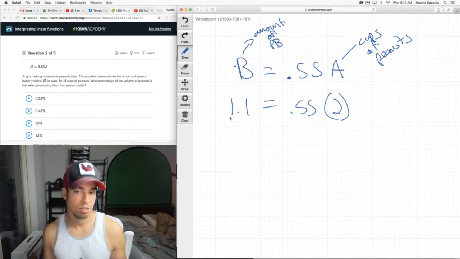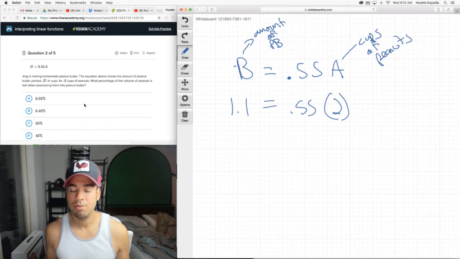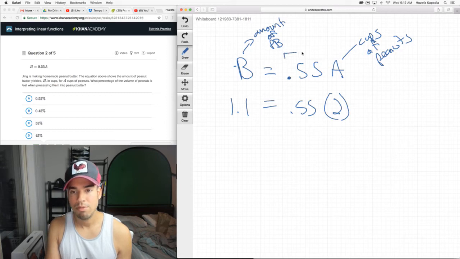For 10 cups, we're going to get 5.5 cups of peanut butter, and so forth. Now it's asking what percentage of the volume of peanuts is lost when processing them into peanut butter. One way we could do this, if you want a quick calculation, is to see that 0.55 is equivalent to 55%.